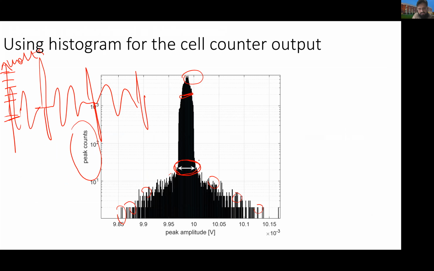You will use this information to cross out this part of the distribution, because it is not needed. The middle part, which is the tighter part, is the background noise. We want to get rid of it when we are counting the cells. So we will get rid of this and focus on the peaks, which are the larger ones.